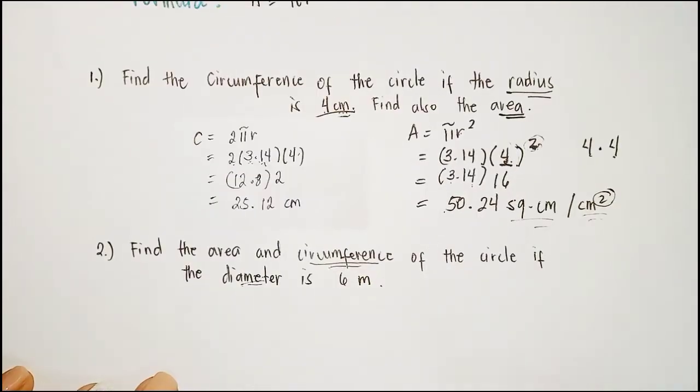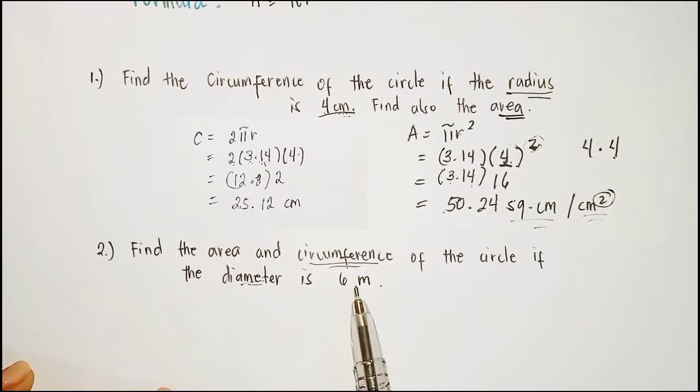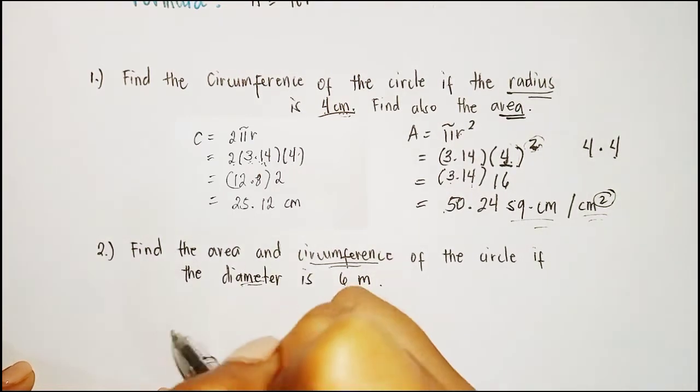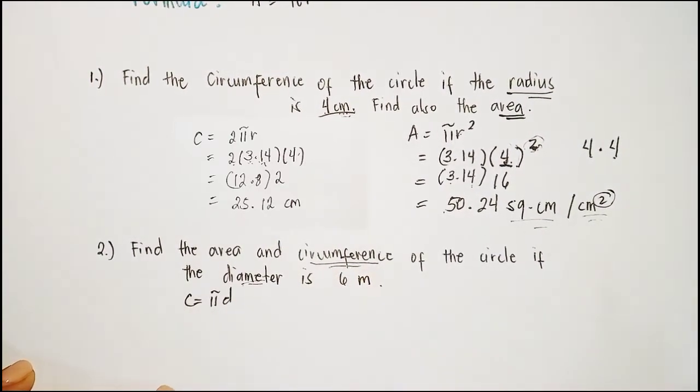But then again, kapag nakalimutan nyo yung pangalawang formula ng ating circumference, pwede nyo gamitin si C is equal to 2 pi r. Ang gagawin nyo lang is to divide 6 by 2 para makuha nyo yung radius, di ba? Kasi ang diameter is 2 times ng radius. But then again, gamitin natin si C is equal to pi d. Okay?